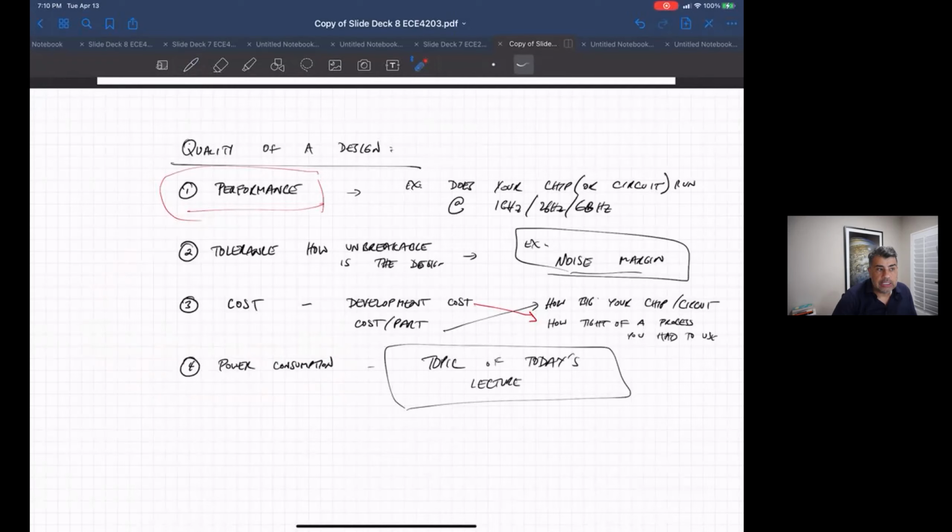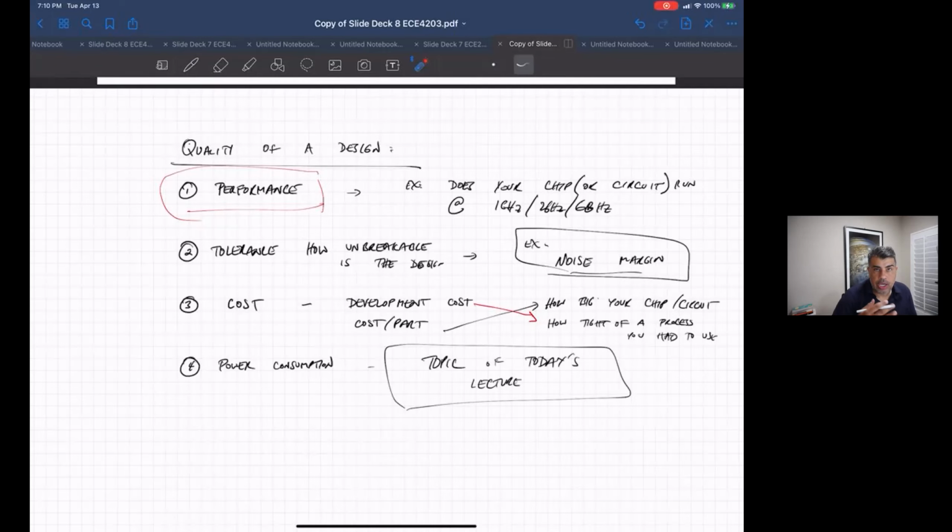So in CMOS, as we'll see in a little bit, and actually we talked about this earlier in the speed part of the lectures, we are charging and discharging capacitors, and how fast you charge and discharge those capacitors has to do with how much current your circuits are able to pump out and sink back.